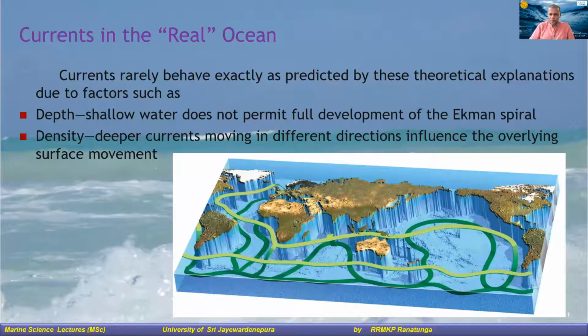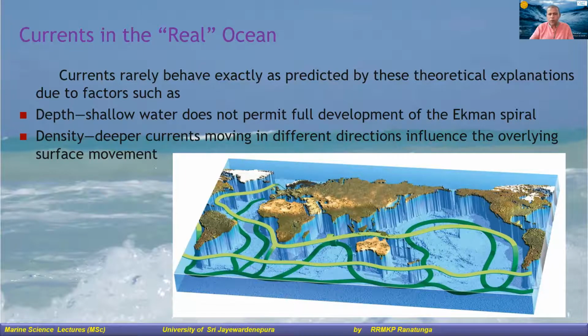Now, we talked about these currents from different angles, by different segments or entities. But if you consider all these different types of currents as a whole, what the currents look like in the real ocean, they are moving in different directions in different areas, and some are going vertically from the surface to the bottom and from the bottom to the surface.